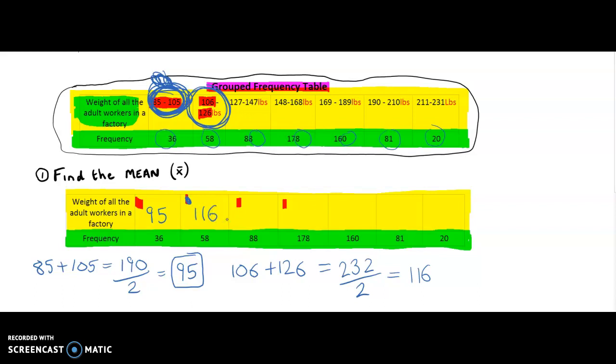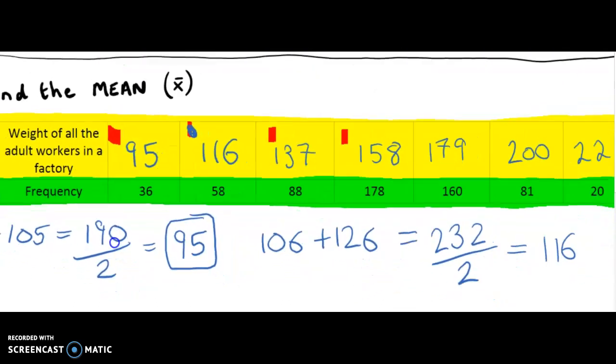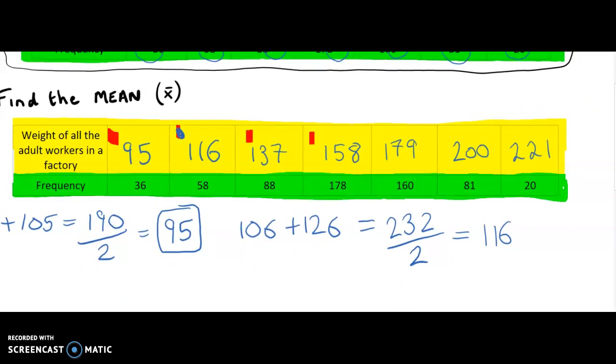And on and on, if I continue doing that, I would get 137, 158, 179, 200, 221. So now I have a frequency table that I can use to find the mean.